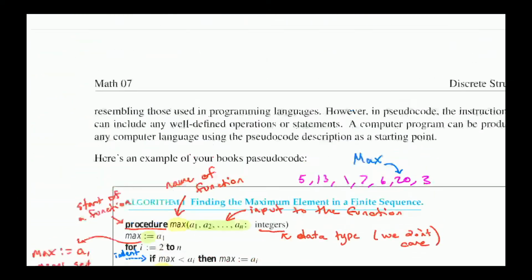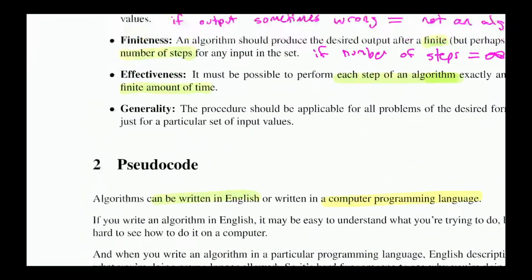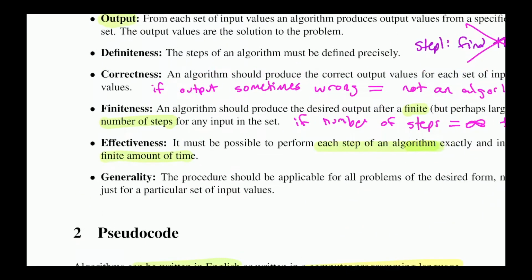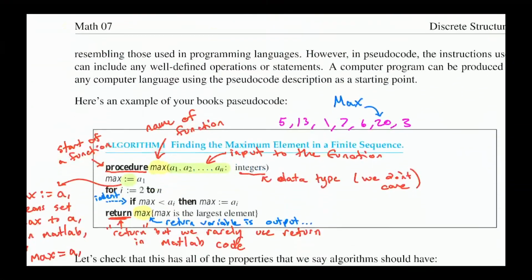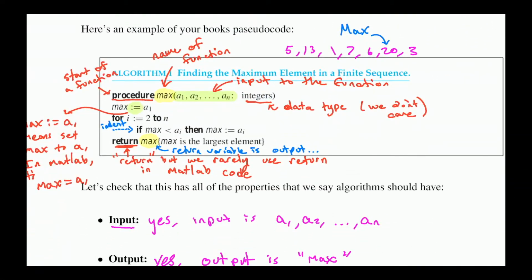What's next? Correctness. Correctness is that an algorithm should produce the correct output values for each input. So it needs to come up with the right answer. Now, of course, an algorithm from the book like this one is going to produce the correct values, right? They wouldn't be giving it to you and telling you to code it up if it was not going to work.